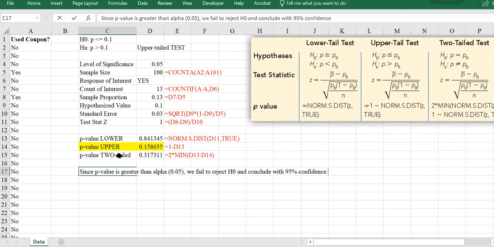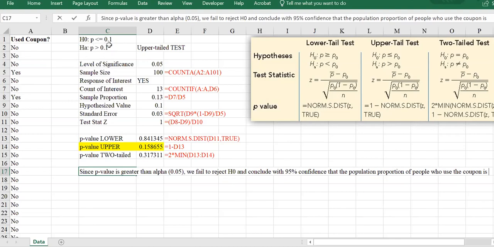confidence that the proportion of people who use the coupon in the population, right? So we are talking about the population proportion of people who use the coupon is, I mean, based on the sample, based on the numbers that we found, we can't say it's greater than 10%.